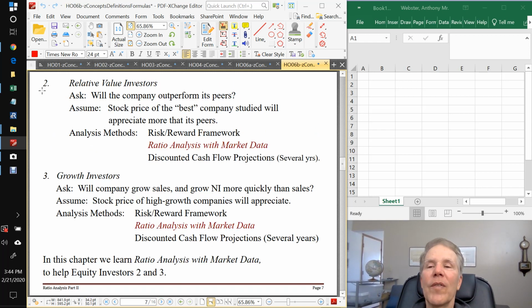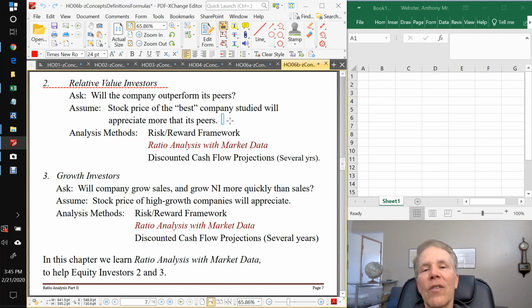Second up are relative value investors, and they're asking things like, is the company going to outperform its peers? They want to find the best company in an industry or a group, and maybe the worst also. They're going to buy the best and maybe short the worst. I gave the example of the folks running the Harvard Endowment, and they would try to buy the best two or three companies in an industry and short the worst, and they made money in almost all conditions as a result because they were good at making those estimates of who's going to be best and who's going to be worst in this industry.